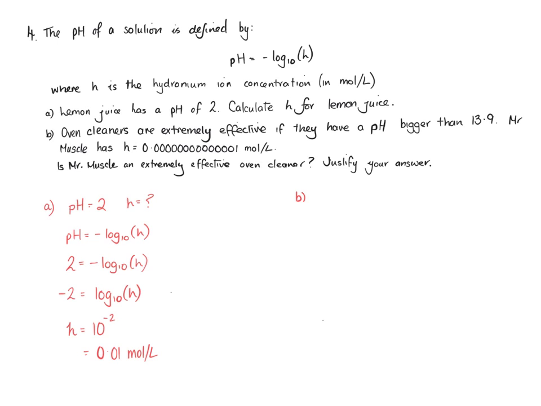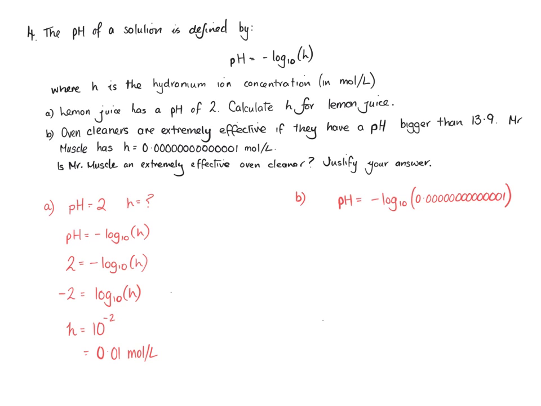Justify your answer. Okay, so we need to find the pH of that oven cleaner. So we get the negative log to the base 10 of 0.1, 2, 3, 4, 5, 6, 7, 8, 9, 10, 11, 12, 13, 1.